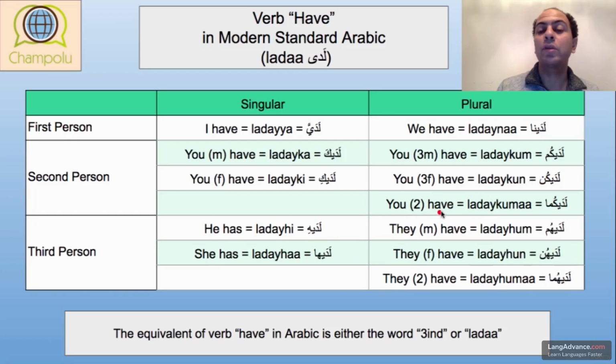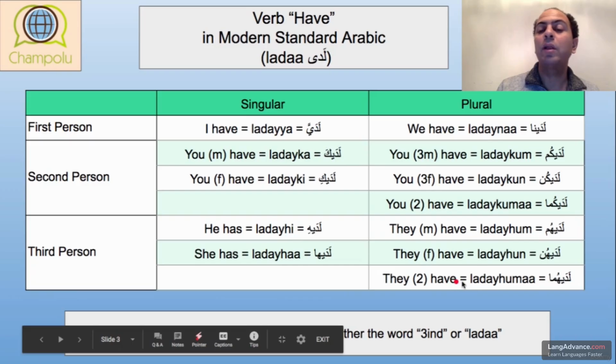You have for addressing two people, لديكما. They have for a group of males or mixed, لديهم. They have for a group of females, لديهن. They have for two people, لديهما.